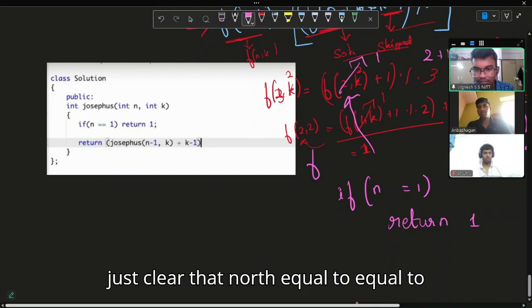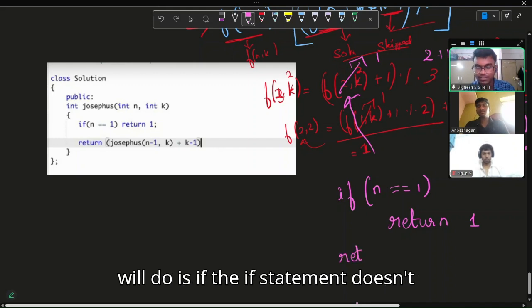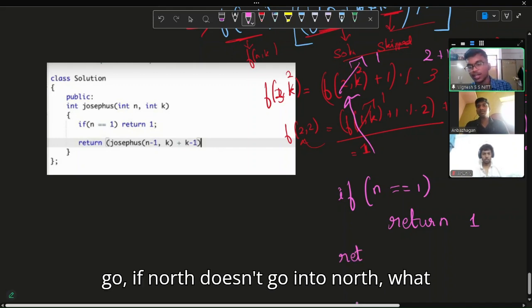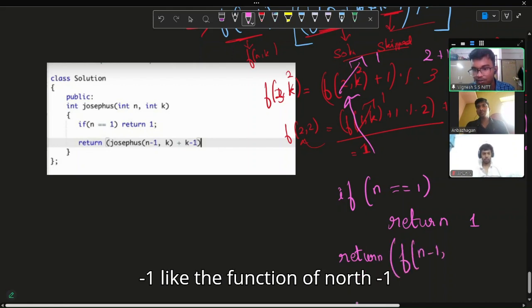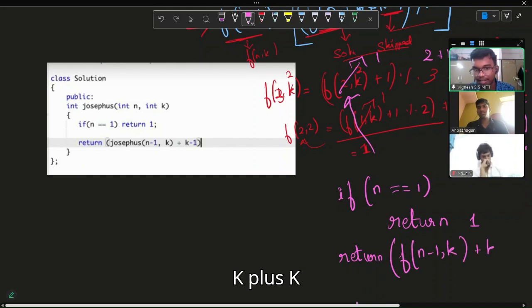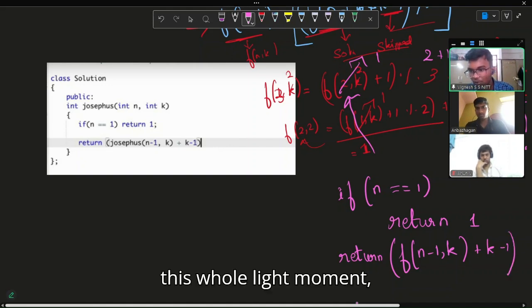I will just clear that. If n equal to 1, return 1. In the other case, if the if statement doesn't hold, what you will return is f of n minus 1, k, plus k minus 1, the whole modulo n, plus 1.